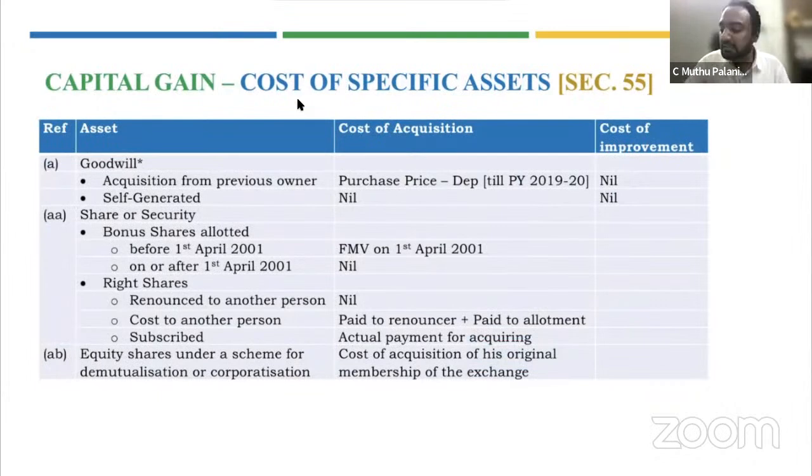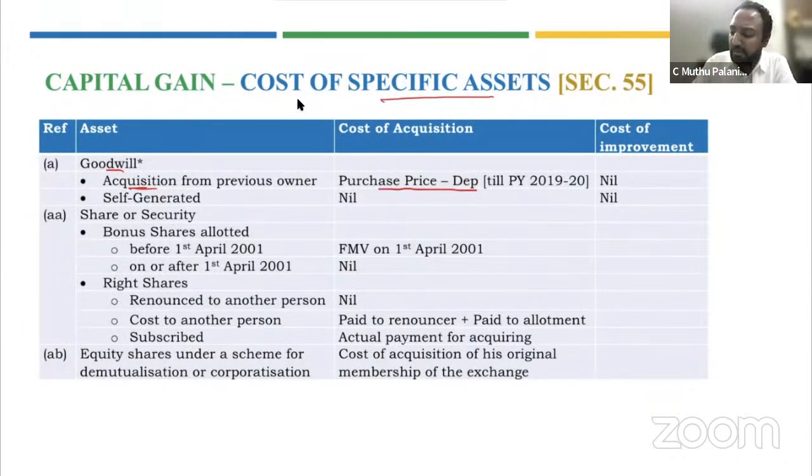Now what we are going to see is cost for specific assets, discussed in section 55. First, we are going to talk about goodwill. For goodwill, if you have purchased goodwill, it is purchase price minus depreciation till previous year 2019-20.